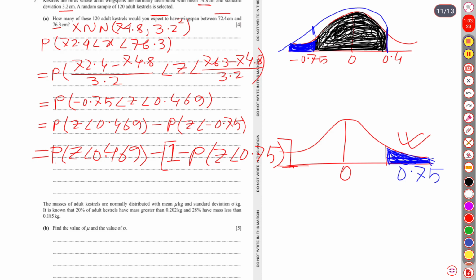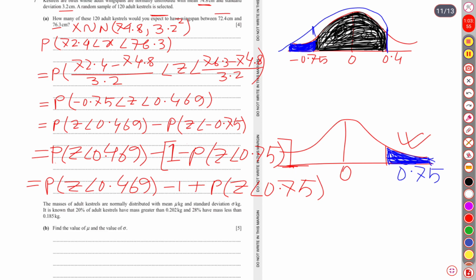Then it becomes the probability of z less than 0.469 minus 1 plus the probability when z score is less than 0.75.